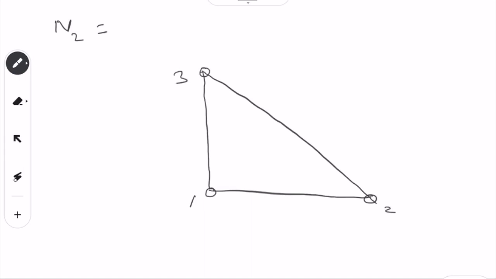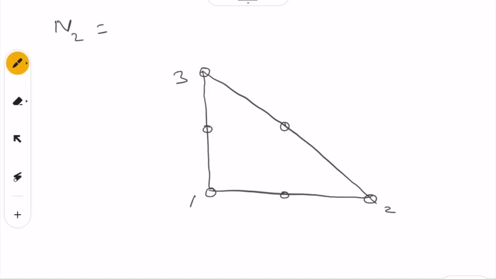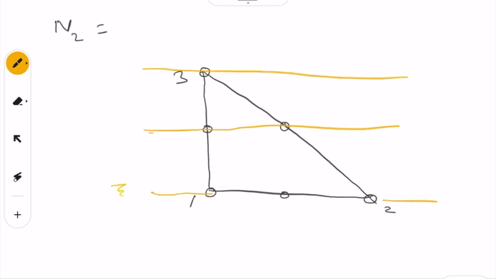Okay, and in the middle we have this and this, and in the middle we have this. Okay, so we have this system, yellow, and here also, and this one is xi2 equal to 0, xi2 equal to half, xi2 equal to 1.